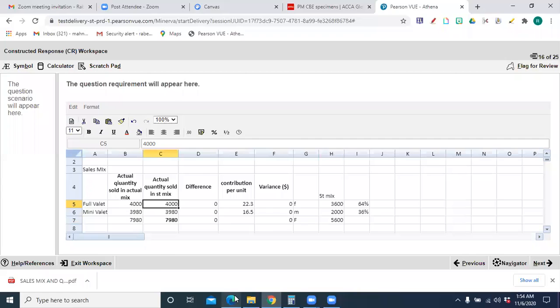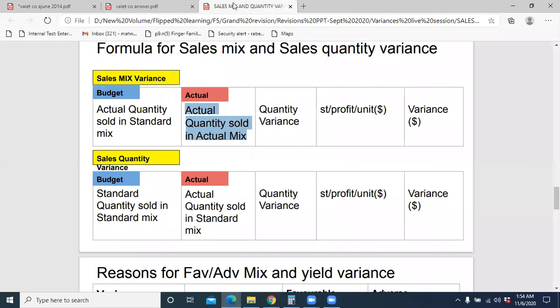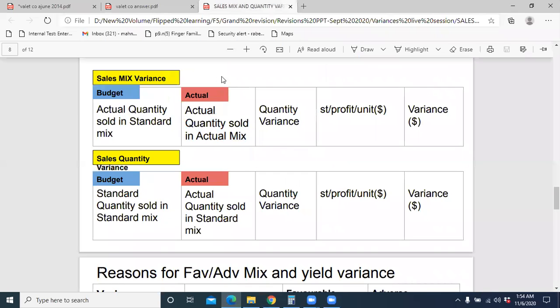As you can see in the formula, I told you actual quantity. Here you need to change the values. You need to put this in the number one place. I will tell you why.